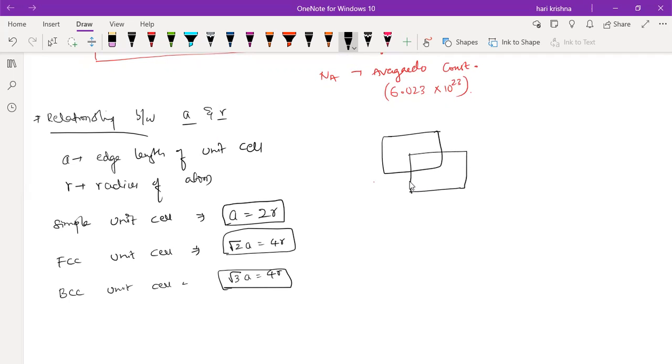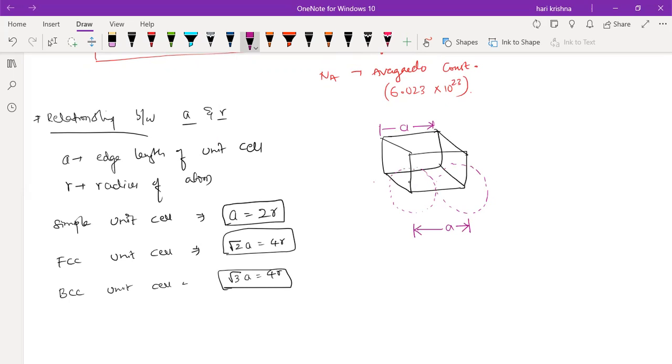See here. If this is the unit cell, the simple one. Simple means atoms will be there at the corners only, right? This is one atom, this is another atom. So what is A? A is the edge length, from here to here.